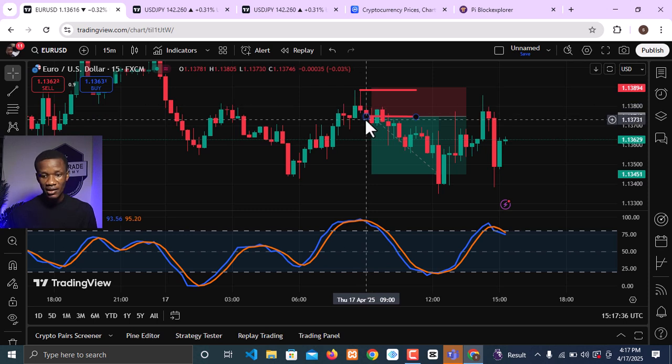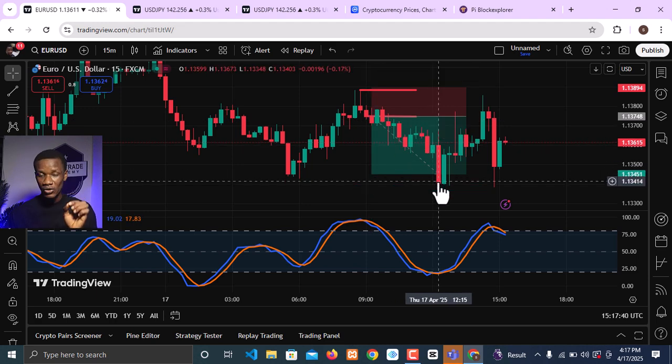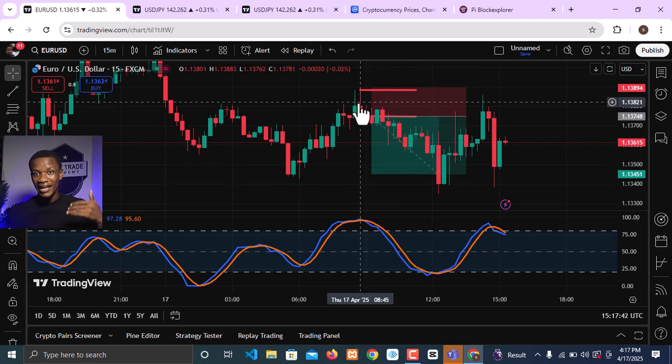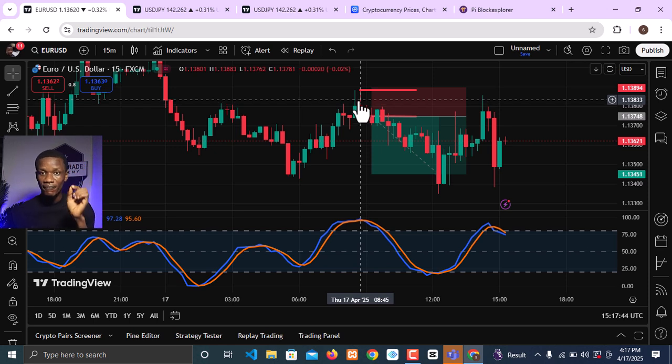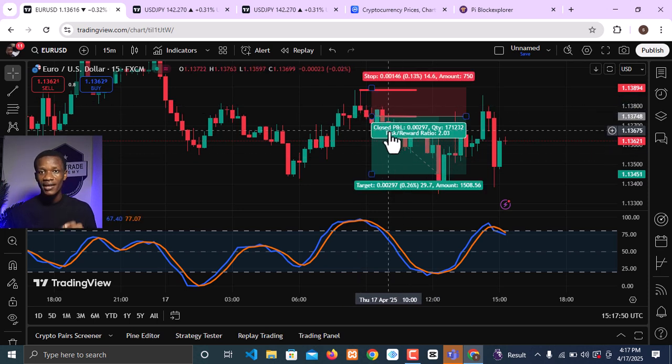Then from here we want to take a trade for the market to come back down, and our stop loss has to be at the high of the first bearish candle, which is this candle in this case. This is how you take a sell position with this strategy.